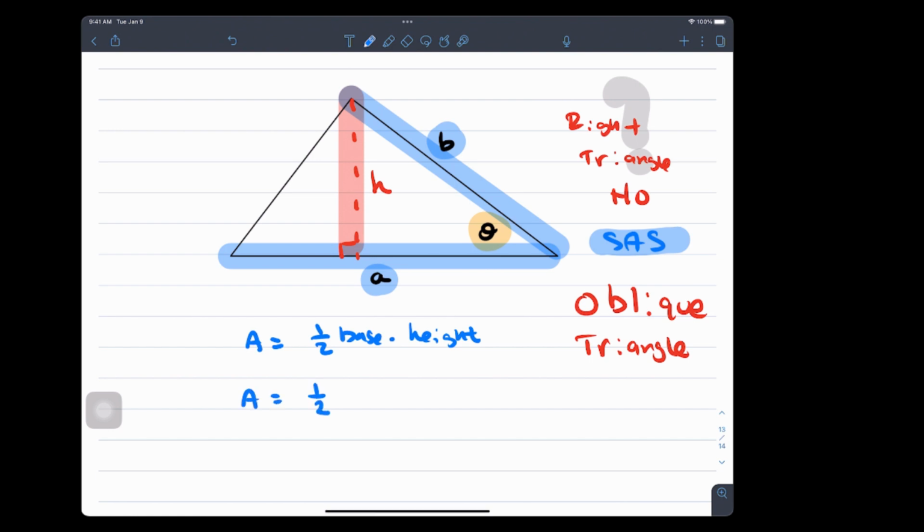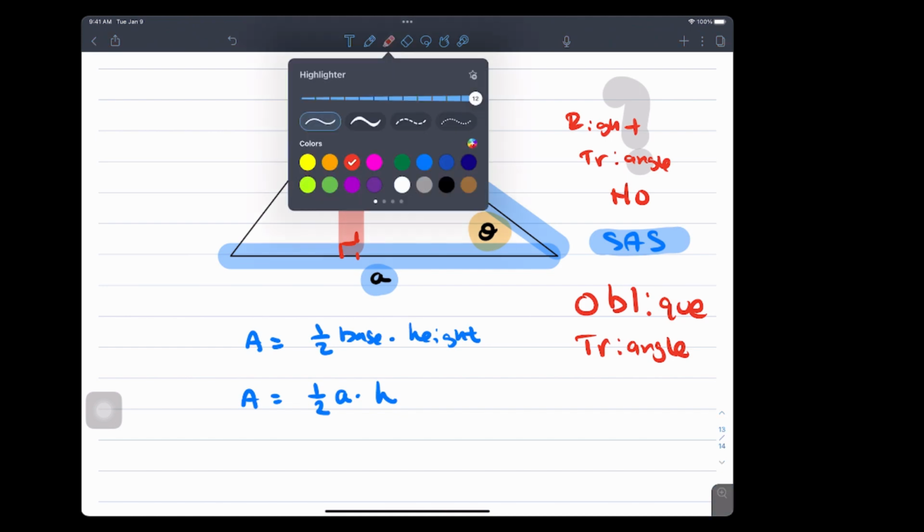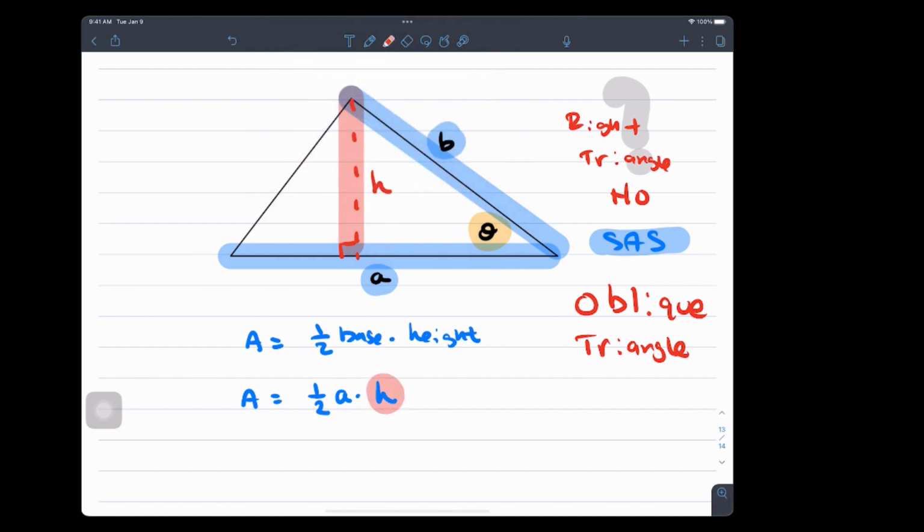But in this case, what did we call the base here? Is that A? And then what's the height here? Is that H? You guys with me on that? That's from geometry. So this is the height.